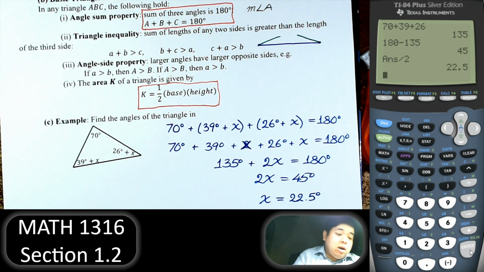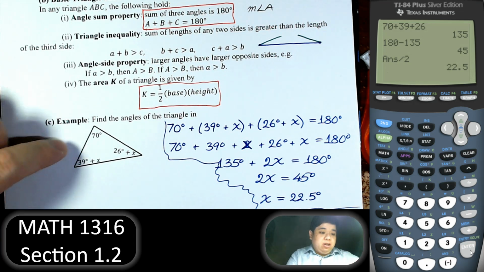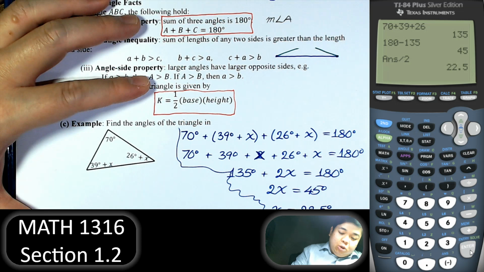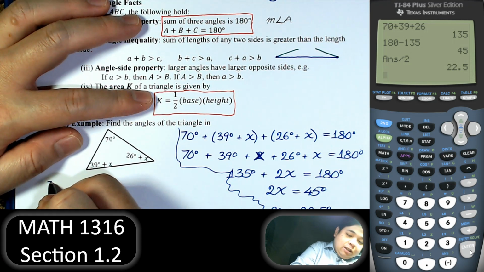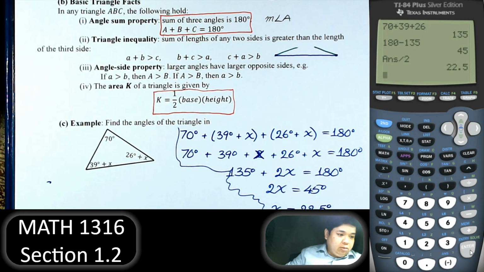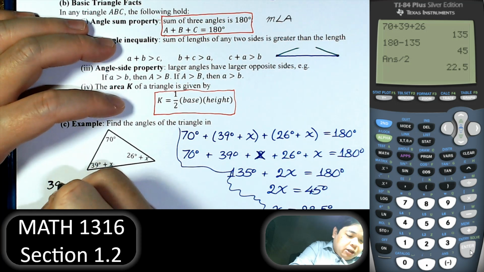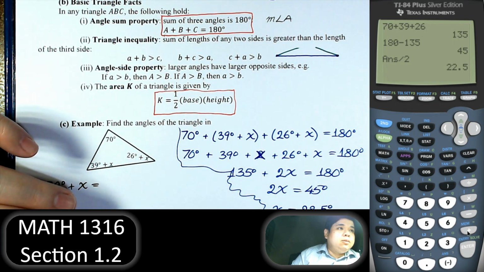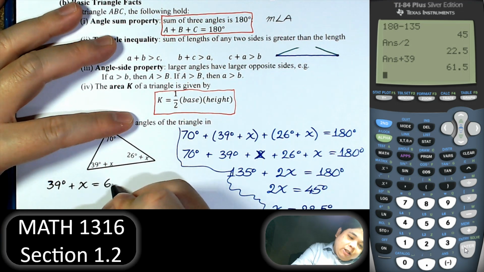So that's good to know, but we did not ask for x. We asked to find the angles of this triangle. So in this triangle we have x equal to 22.5. So 39 degrees plus x is 61.5 degrees.